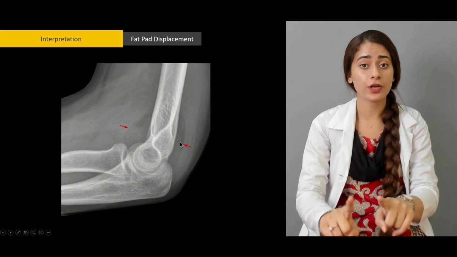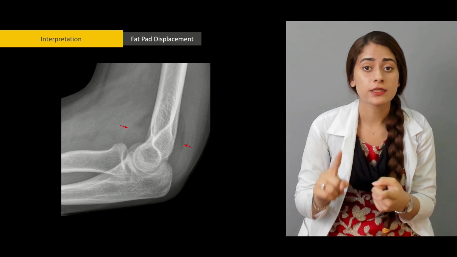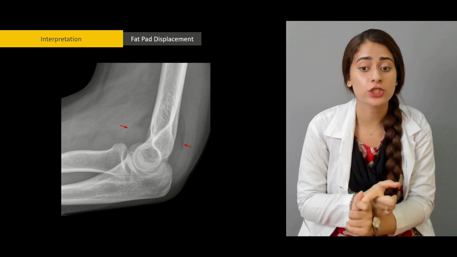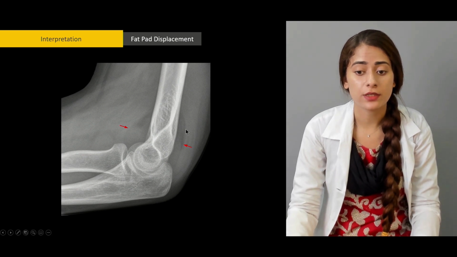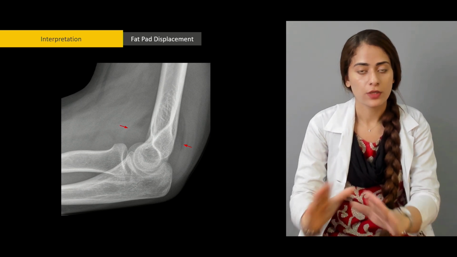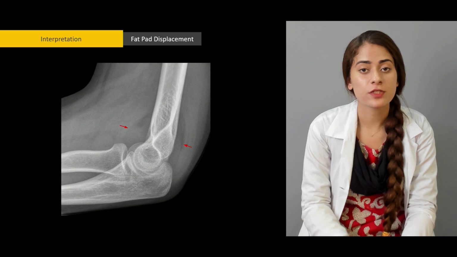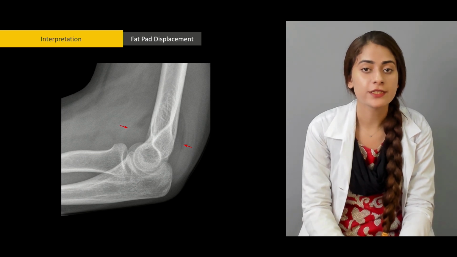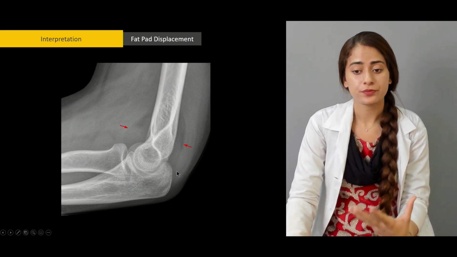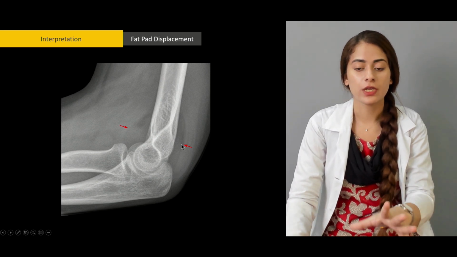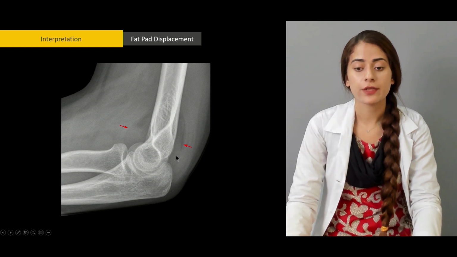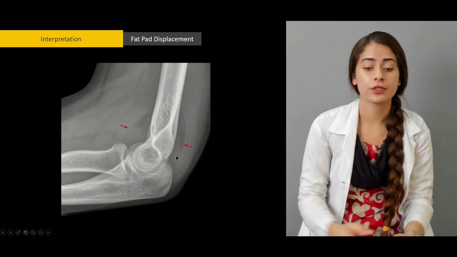So if this were a child's X-ray, which it is not, and it presented with a visible posterior fat pad, then we would suspect a supracondylar fracture. But if the posterior fat pad is abnormally visible on an X-ray of an adult, then we suspect a radial head fracture.